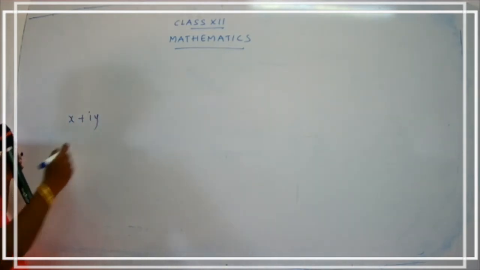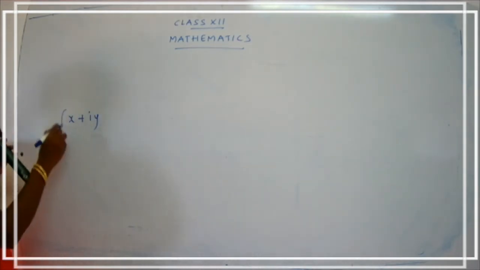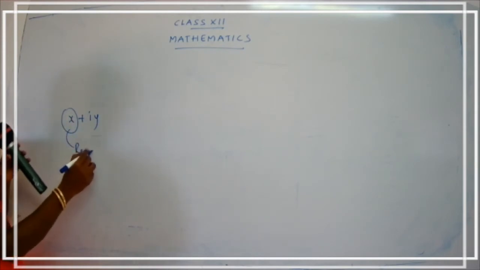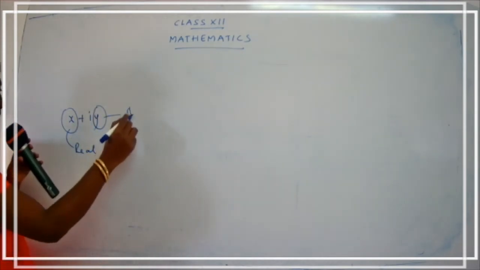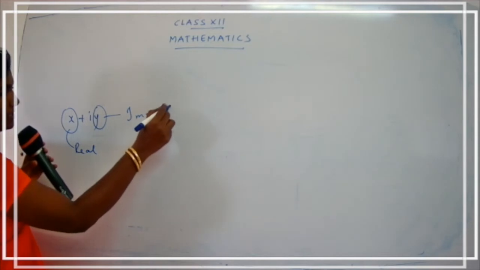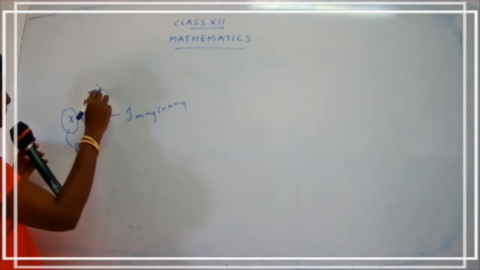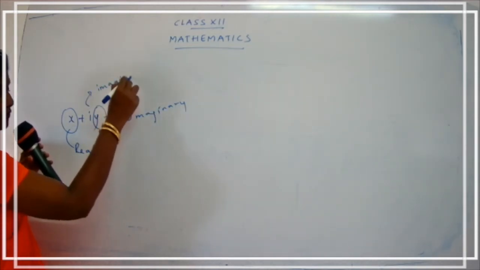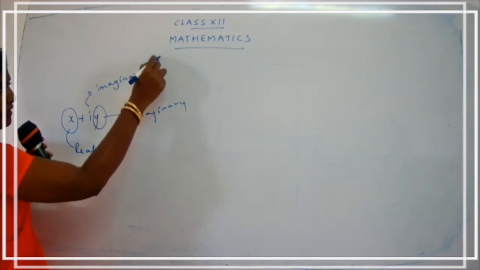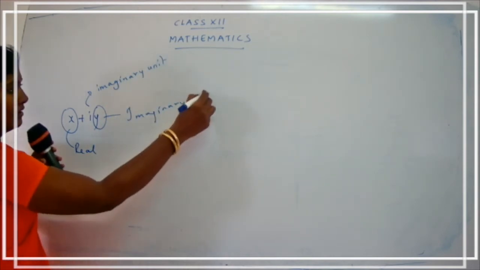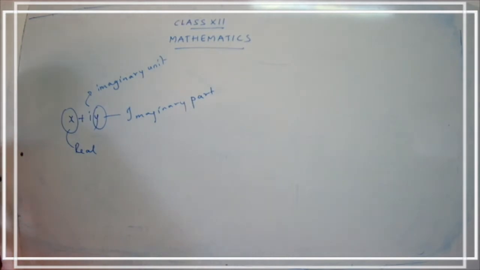It is of the form x plus iy, where x is the real part, y is the imaginary part, and i is the imaginary unit. So this was the basic thing that we have seen in the definition of complex number.